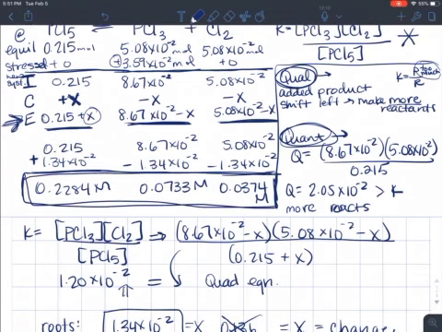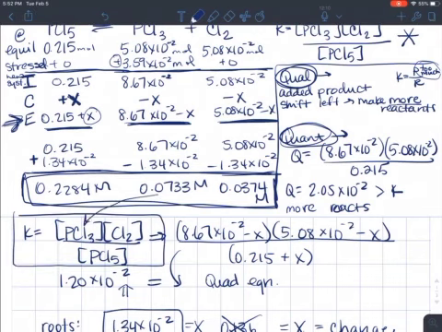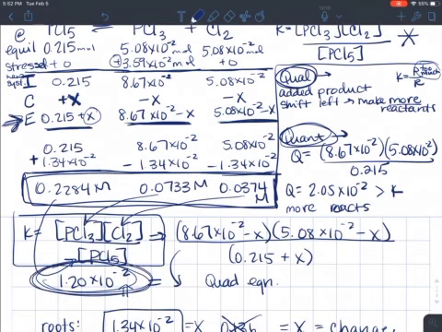in OWL. If you wanted to double check yourself, plug these numbers back into the equilibrium expression, right? 0.073, 0.0374, and 0.2284. You should come out with the same number that was given to you in the problem.